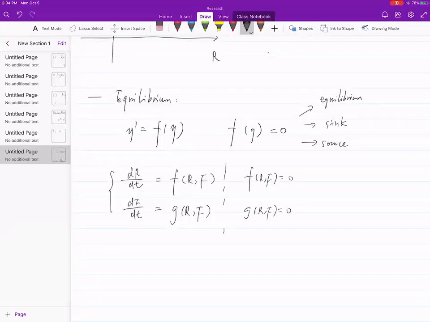That means what? That means if your rabbit and your fox population is right at here such that these two are true, then they won't change at all because the derivative becomes 0, both for R and F. Still okay? That means your population stays there, which makes it equilibrium.